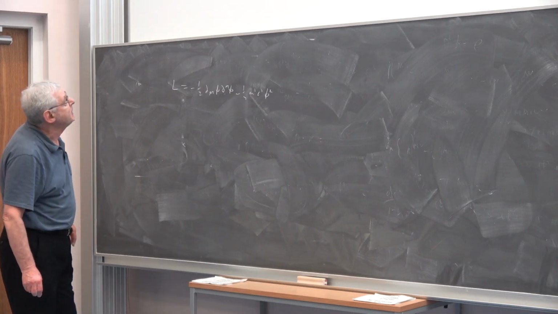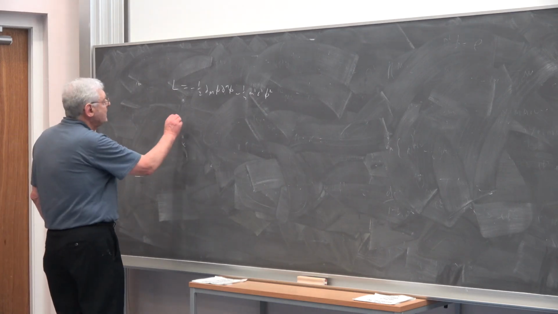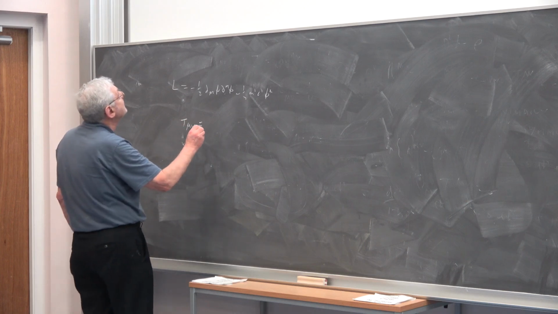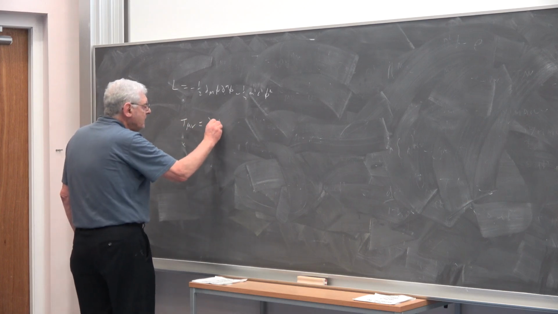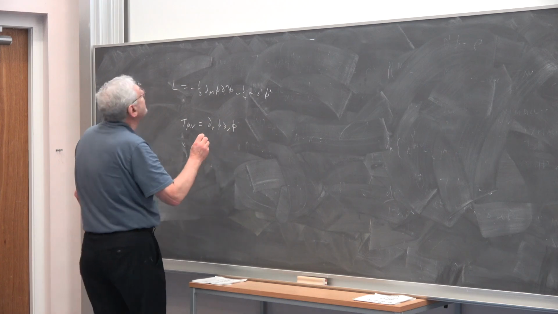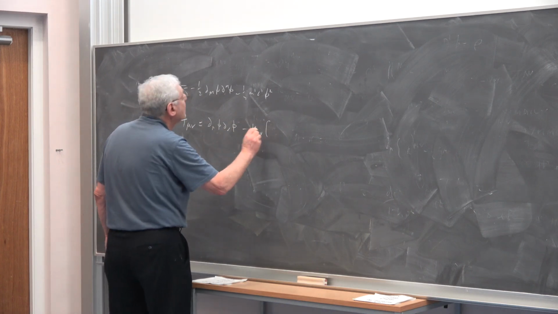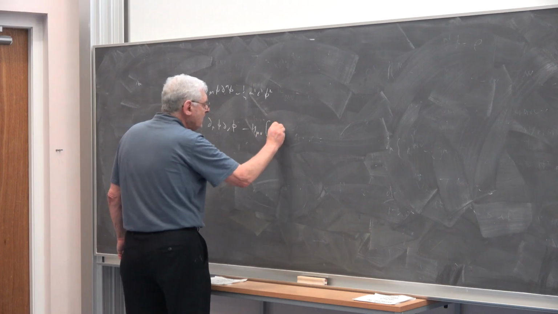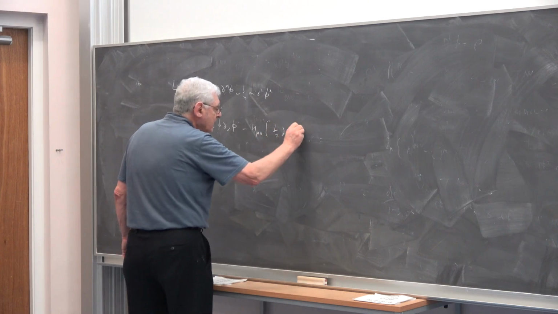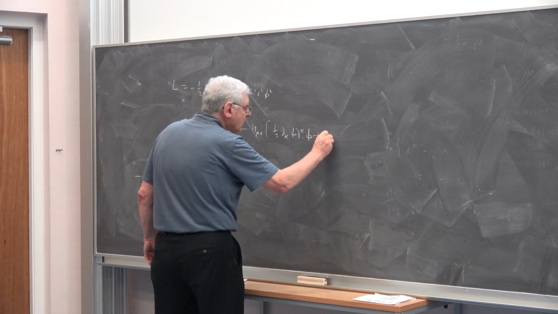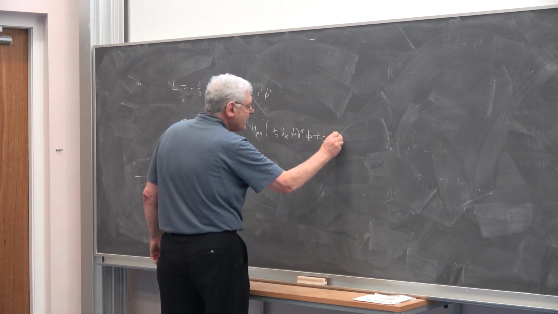You calculate the energy momentum tensor, and you plug in the numbers. Tμν is ∂μφ ∂νφ minus ημν times (1/2 ∂κφ ∂^κφ plus a half m squared c squared φ squared).